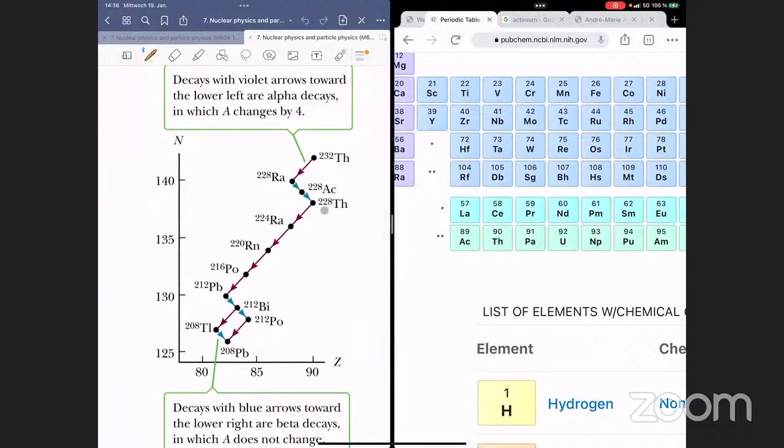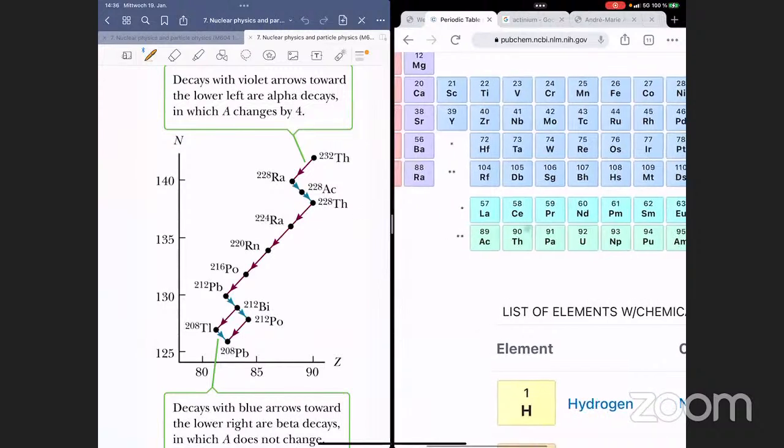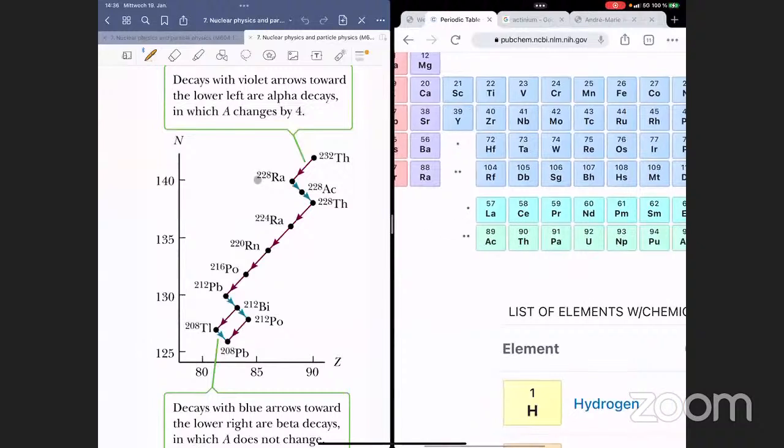Once they have thorium 228 with 90 protons, you go further to the left and the number of nucleons is reduced by 4, 228 to 224. So it changes again to radium 224.